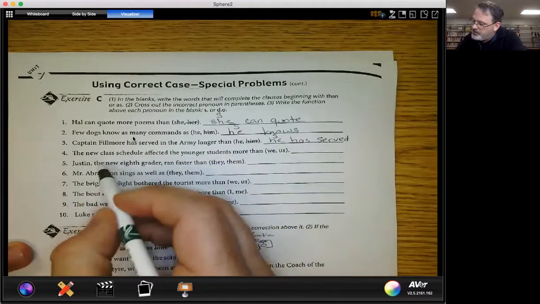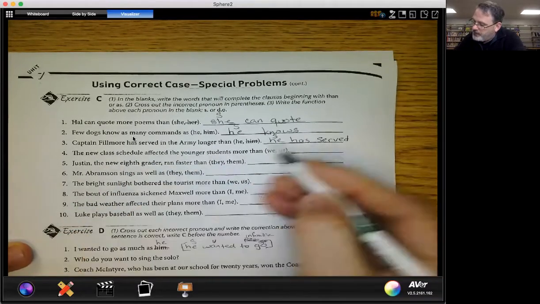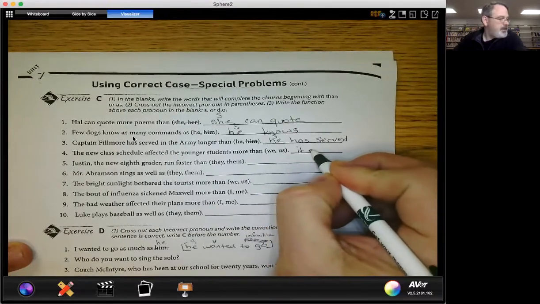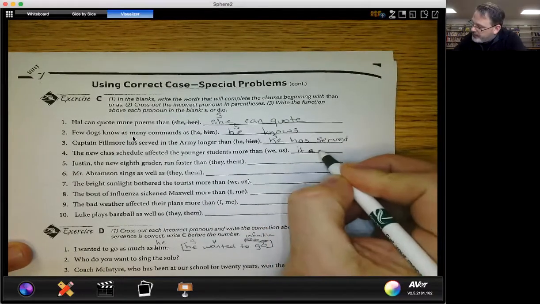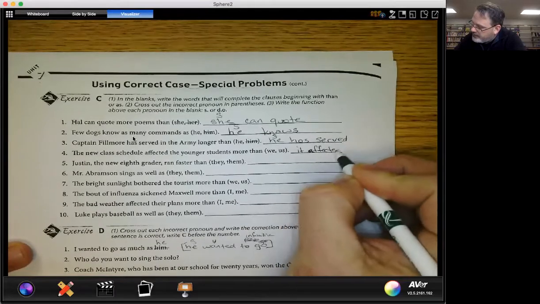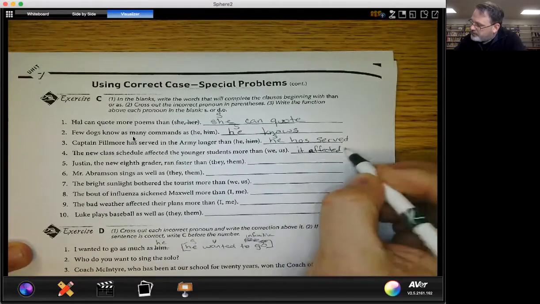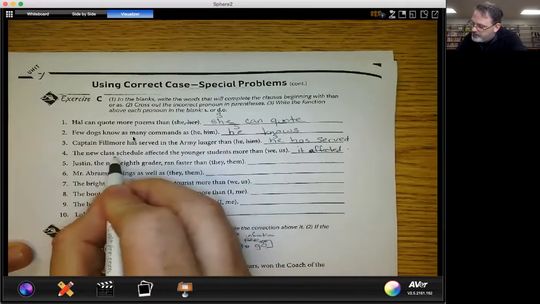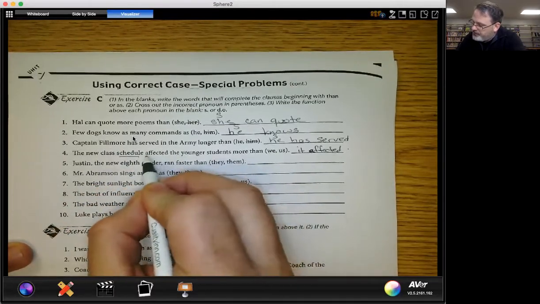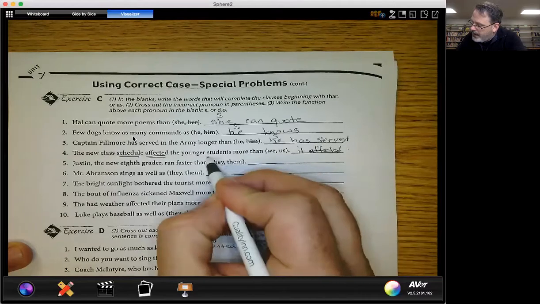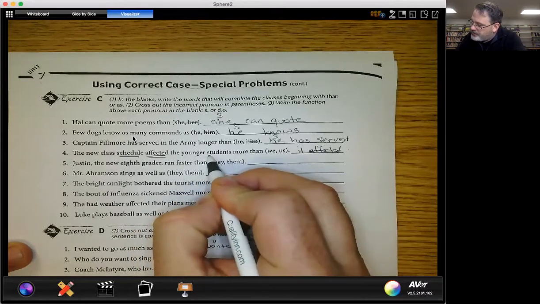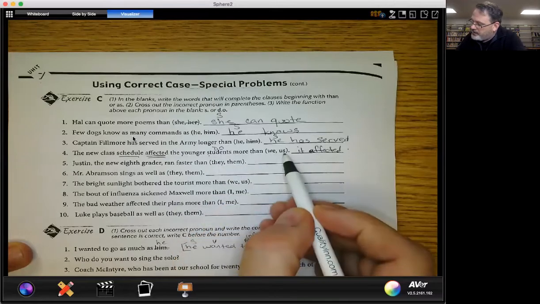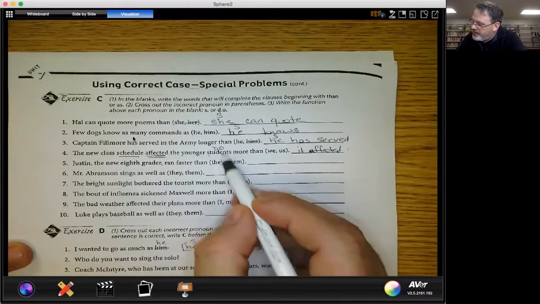So let's do this: it affected us, because if you look at this sentence, schedule is the subject, affected is the verb, and then students would be the direct object.